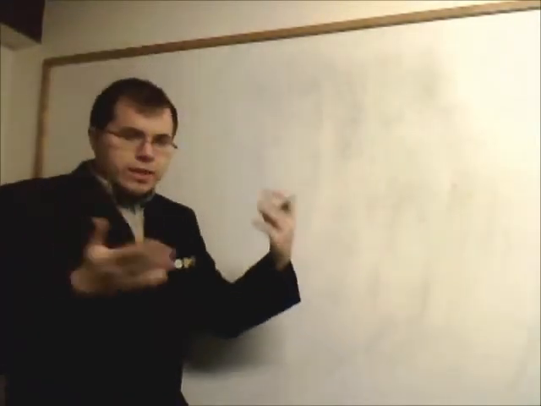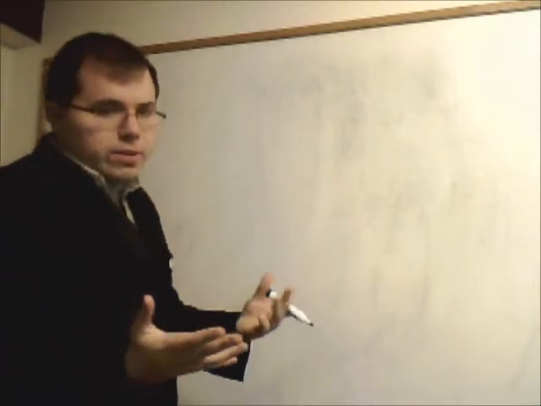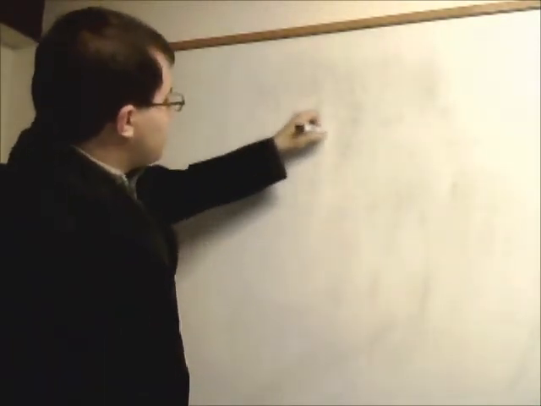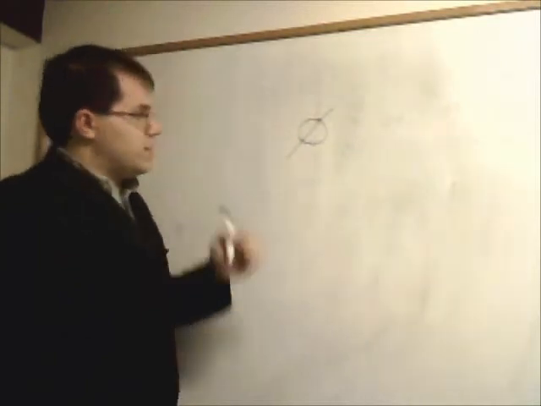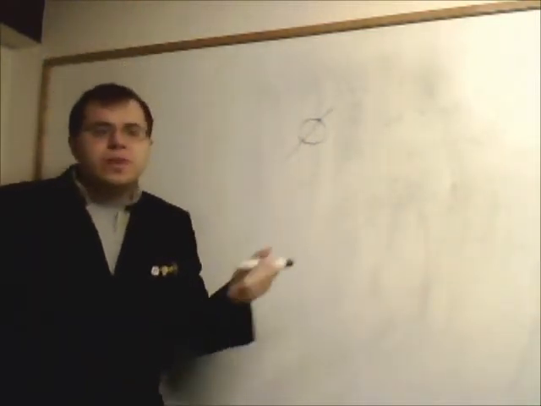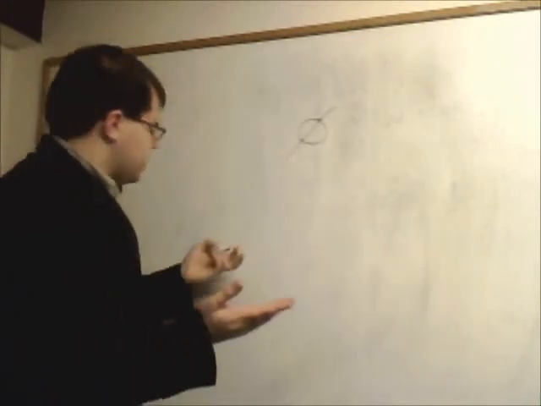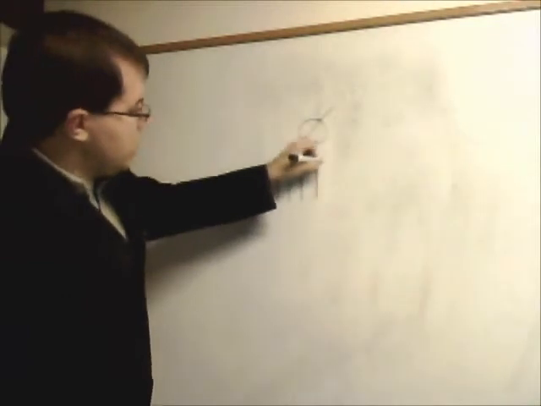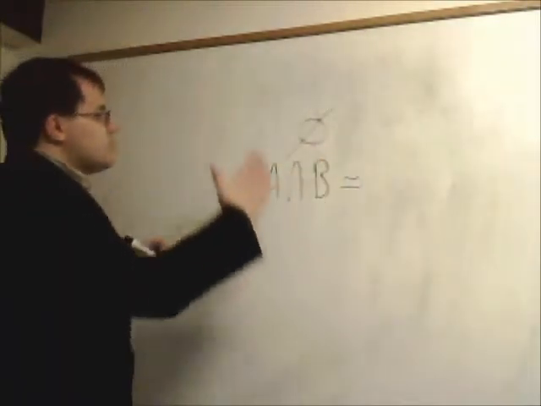But we need to bring in another concept. I mentioned this idea of nothing, so we need to make this much more concrete with the idea of an empty set. The empty set is often denoted by this symbol right here. I'm just going to give a good example. Suppose we have A intersection B, just for arbitrary sake.